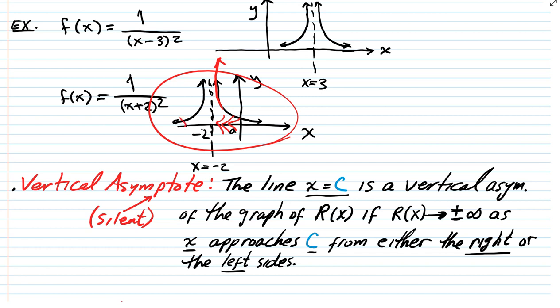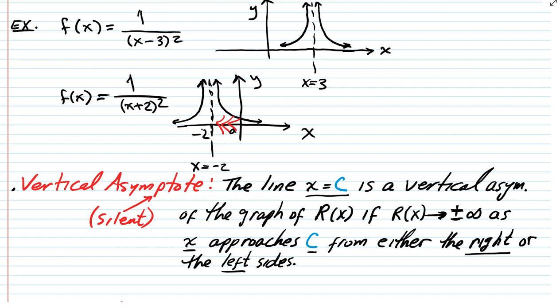As I'm going to -2 from the left, the function is rising. You see that? So that would be the characteristic of an asymptote of the graph of a function here. And that's what we mean by approaching from the right or from the left here.